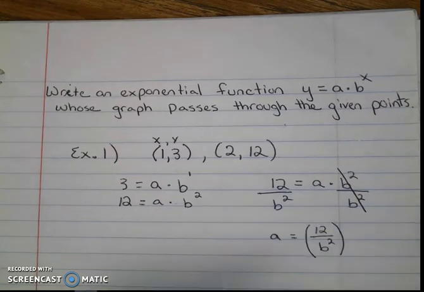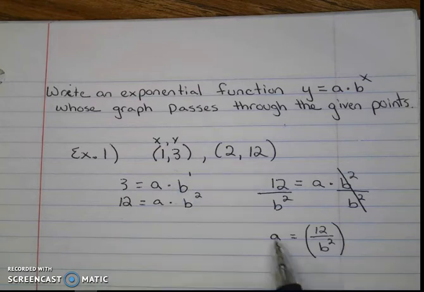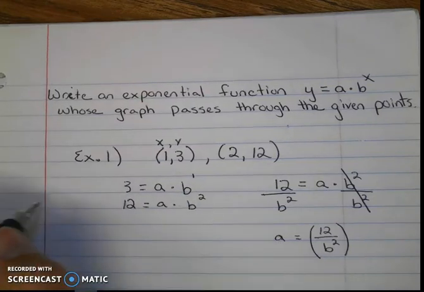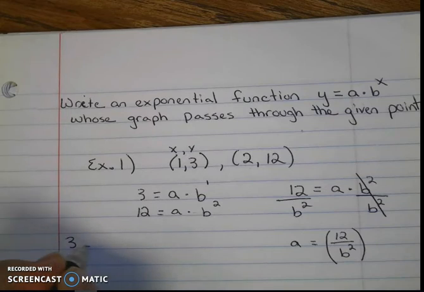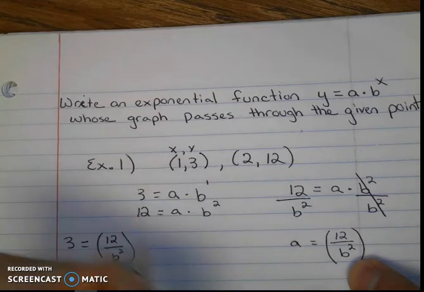Substitution method tells us to take this and substitute it into the other equation for a. So we get 3 equals, and we're going to substitute this in, so 12 over b squared times b.